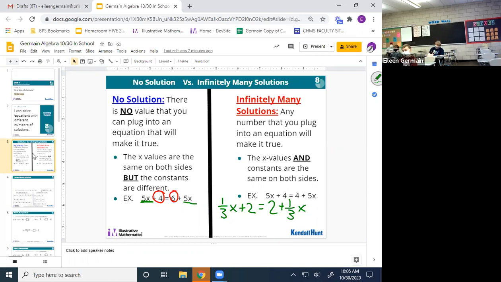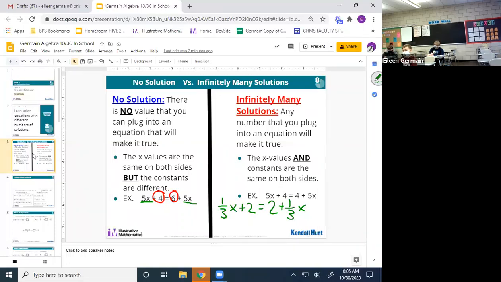Or you can solve it all the way till you get to x. So you can't just look at it and say, I know right now this is infinitely many. Well, sometimes you can do that, but most of the time you're going to have to do something to the equation, get rid of parentheses, get rid of division, get rid of something to simplify it and see if they are the same.